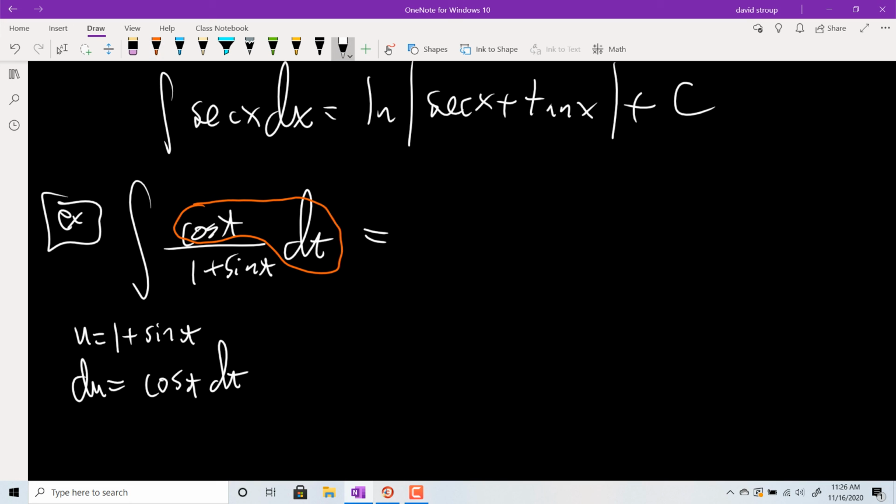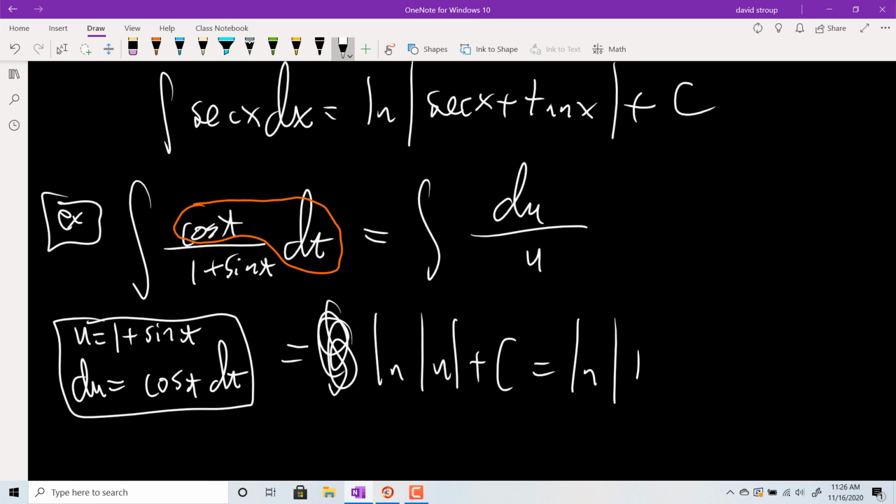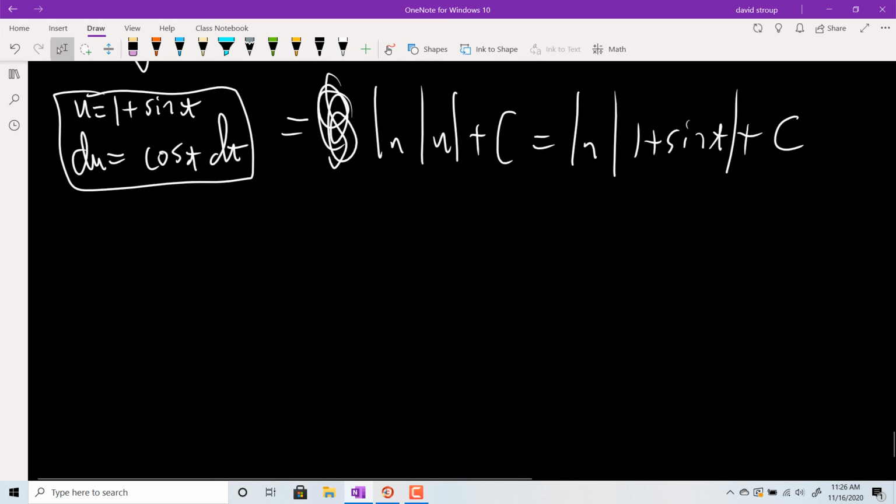So we can go and replace everything. That part in the top is du, part in the bottom is u, and we have the integral of the day, ln of the absolute value of u plus c, and then you can back sub: ln of 1 plus sine t plus c.